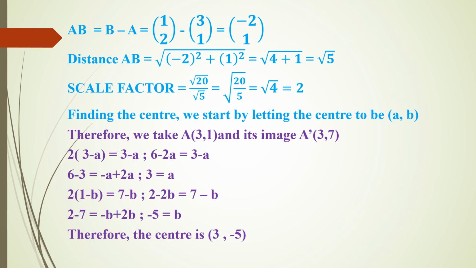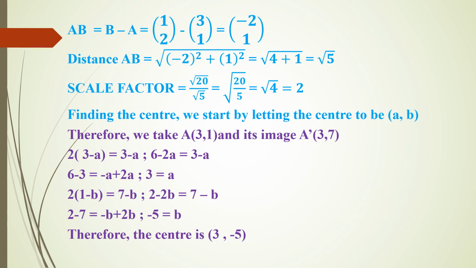So we are trying to find the distance from the center up to point A, our object point. That will be 3 minus a. If you multiply that distance by 2, it is equivalent to the image distance, that is the distance of A prime from the center, which is 3 minus a again.